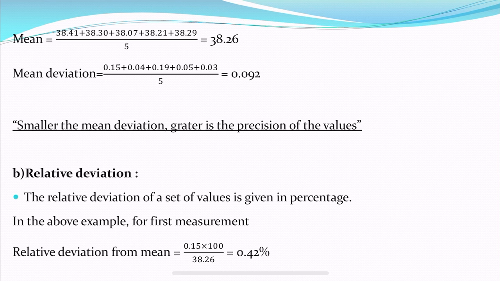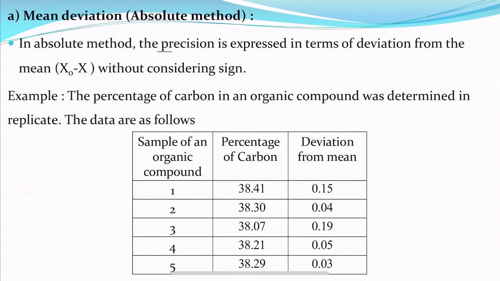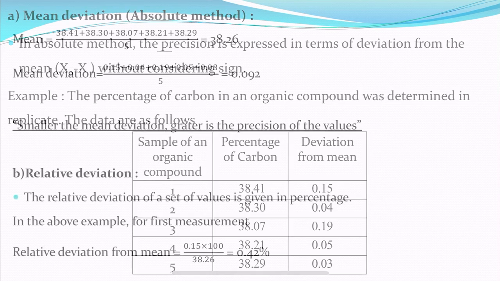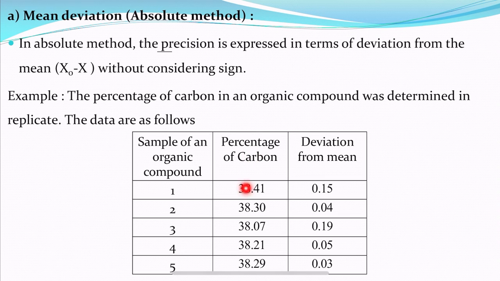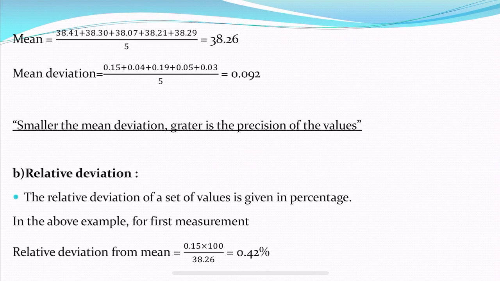Next, what is meant by mean deviation? So far this is just the deviation from the mean. Now I have to calculate the mean deviation. I add all the differences between the mean and each individual value, sum up all 5 values and divide by 5, and that gives the mean deviation, or absolute deviation.